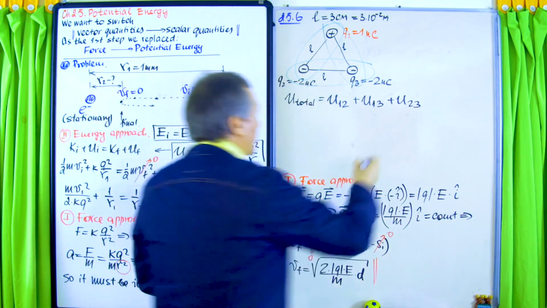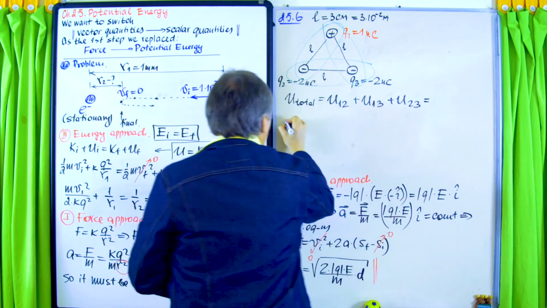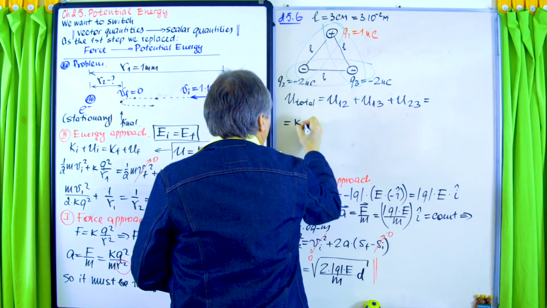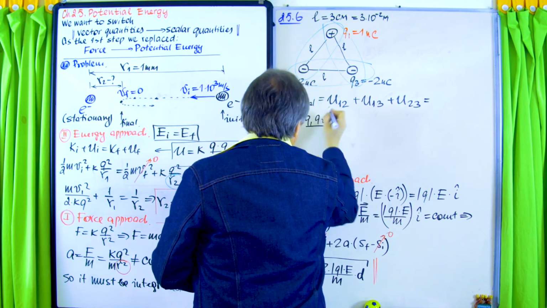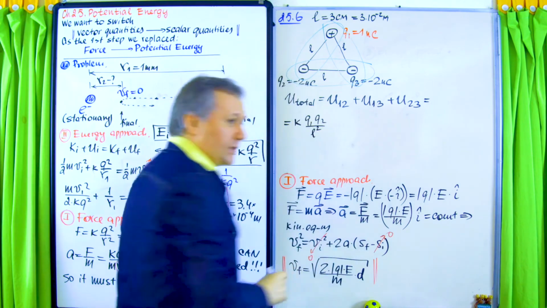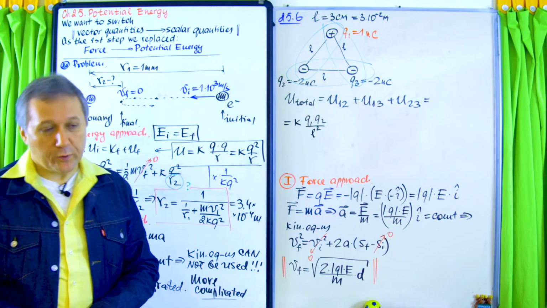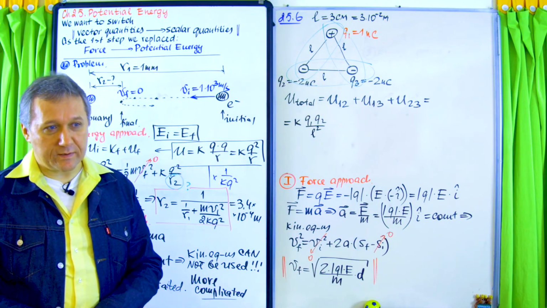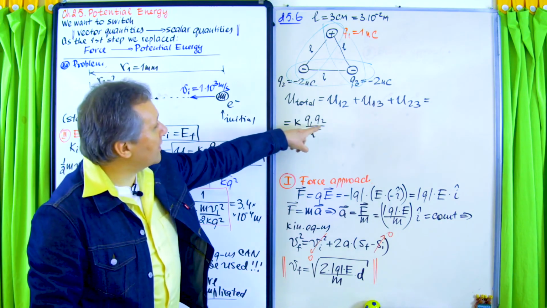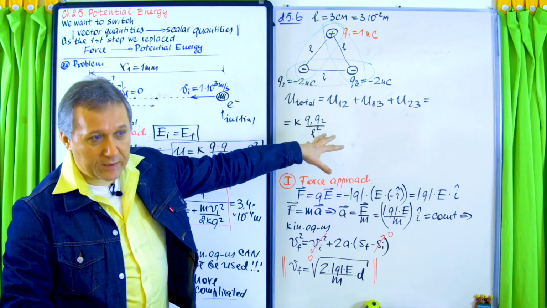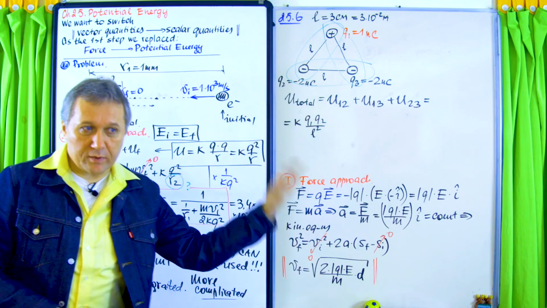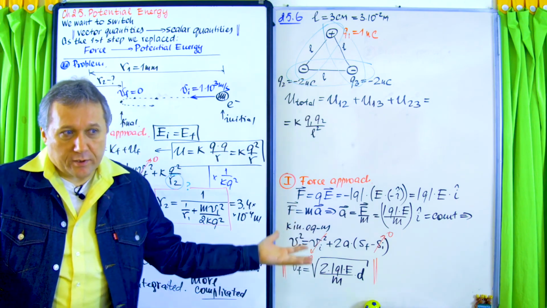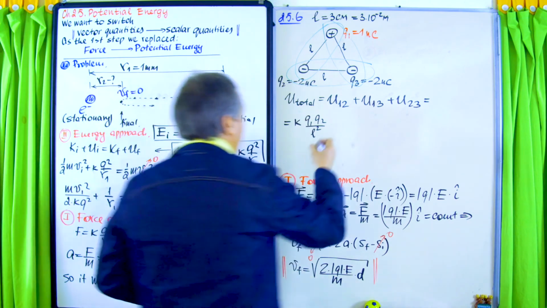And then write explicitly using that formula which we introduced. So k Q1 Q2 divided by, in this case, L squared, because the distance is L. For each of these terms, the distances are exactly the same. Some of these charges are positive, some negative, making our potential energy positive or negative. So don't be afraid of a negative potential energy. There's nothing wrong with that.